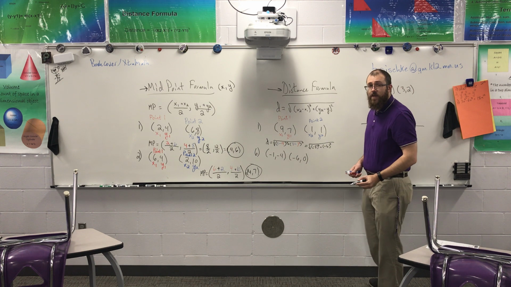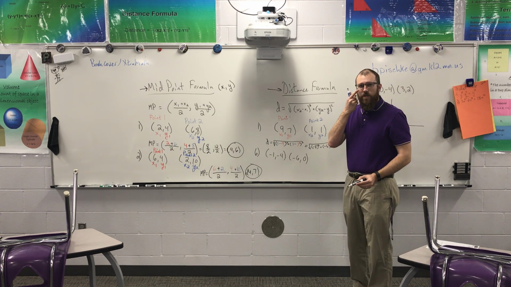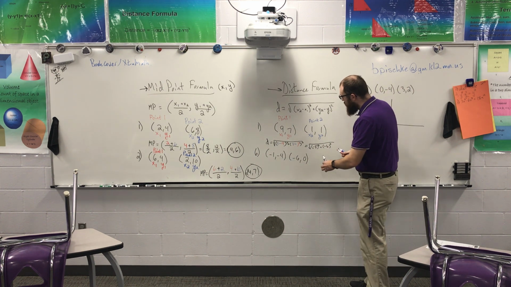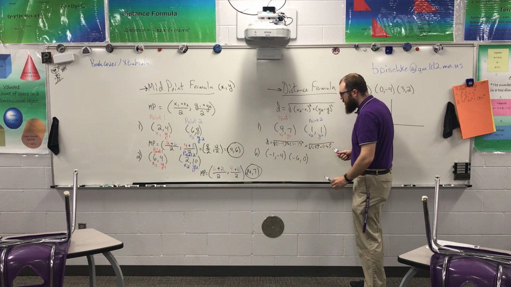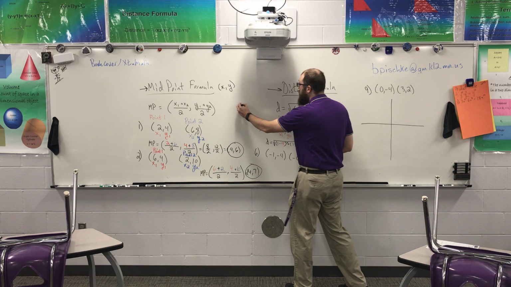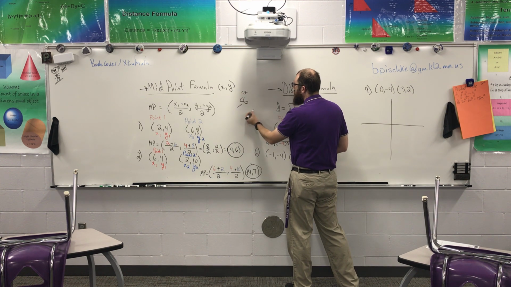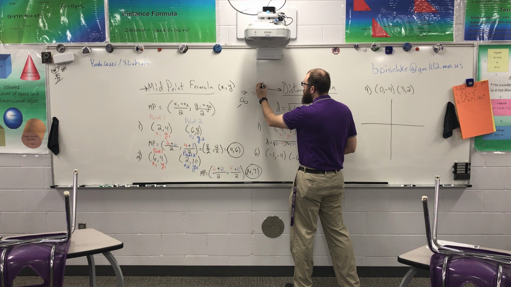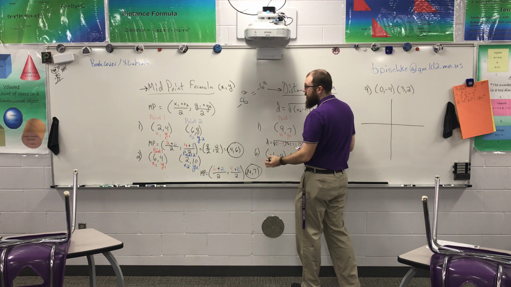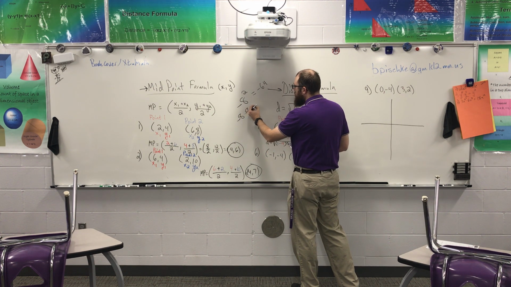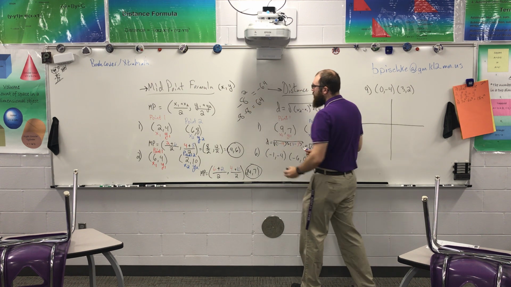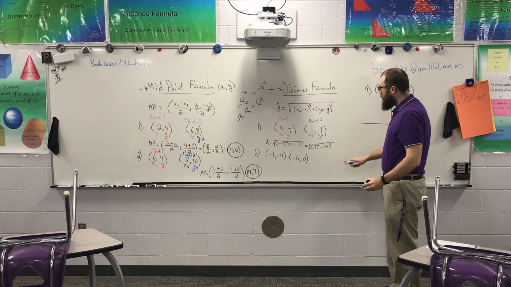Now be really careful on this because your calculator sometimes lies to you. You need to use these parentheses to make sure that it squares the negative. If you write negative 8 squared in your calculator, it will tell you that's negative 64. But that is not the case. Negative 8 times negative 8 is positive 64. So we need to be careful when we type these in.